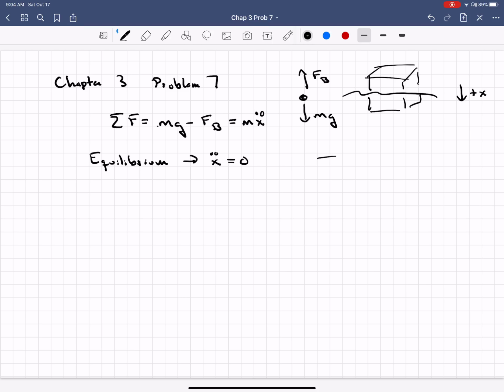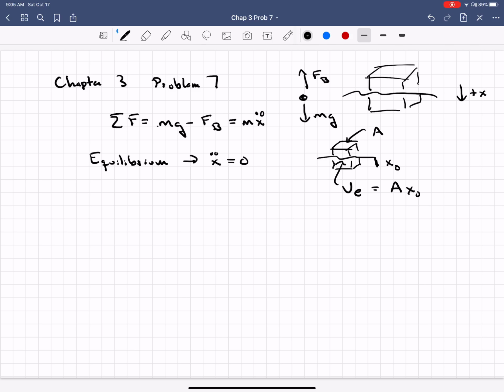In equilibrium, the distance that the box is under the water, I'm going to call x0, and the volume that the box is underwater, I'm going to call V sub E. Now, the book uses just the letter V for this, so this is the volume of the box that is under the water. That's going to be equal to the area of the top of the box, A, times x0.